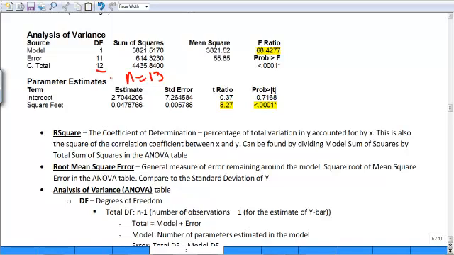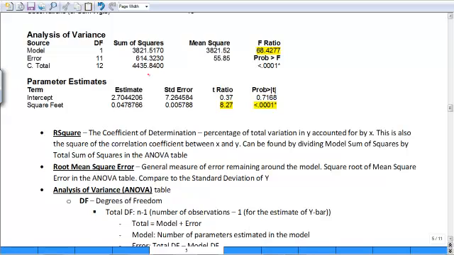If our model is correct, we're going to lose one additional degree of freedom for the model, for the estimate of the slope. So 13 minus 1 degree of freedom for the intercept and an additional degree of freedom for the slope gives us 11 degrees of freedom for the error term. So 1 plus 11 equals 12, 12 plus 1 equals 13.